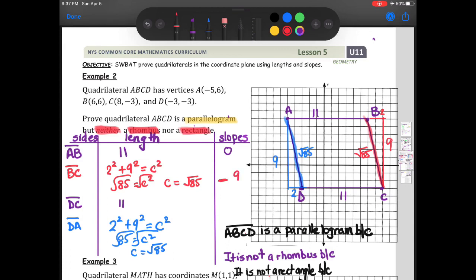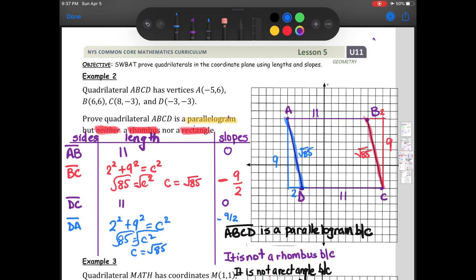The rise is 9 and the run is 2, right? And then DC, what's the slope for DC? Again, another horizontal line, slope is going to be 0. And then DA, which is what? Opposite lines, so it is negative 9/2, right?